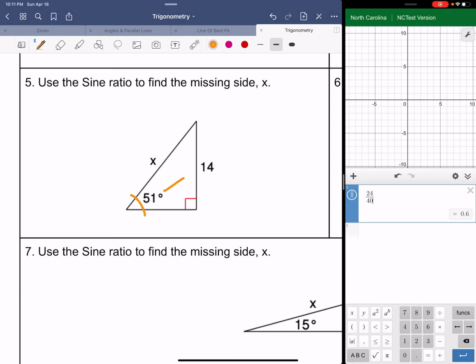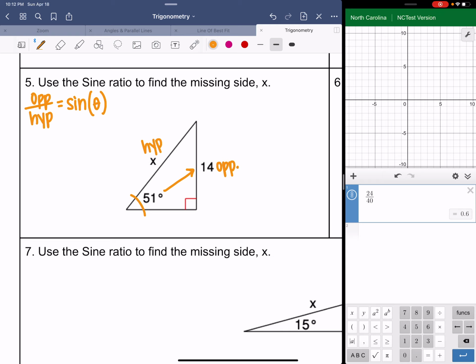We have the opposite side, and we have the hypotenuse. Even if we weren't told to use sine, we would know that we have to because we have the opposite and the hypotenuse. So anytime you have the opposite and the hypotenuse information, that means you're going to set up the sine of that angle.